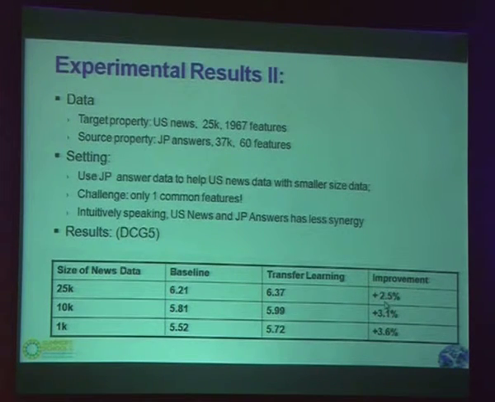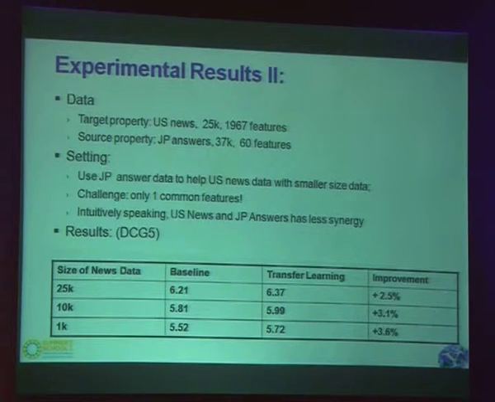Similarly, we have another example. We are trying to improve the data set from the Japan market, although it has a different language. But if we map those features into the latent space, we can still leverage the Japan Answers training data to improve the US news ranking task.